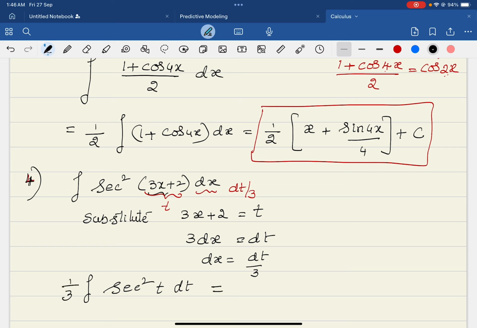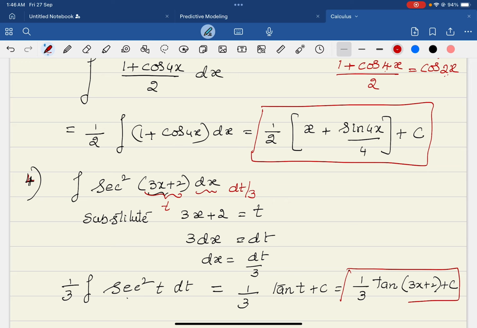Now we have a direct formula for integral secant square. I hope you remember, integral secant square is tan t plus the constant. So what is t now? 1 by 3 tan of (3x plus 2) plus the constant. So this is the solution. I hope you could understand.